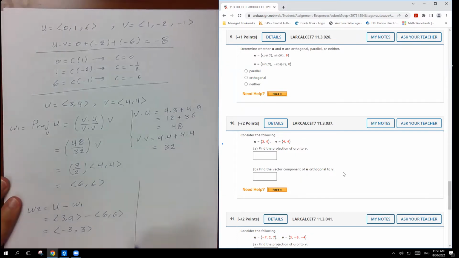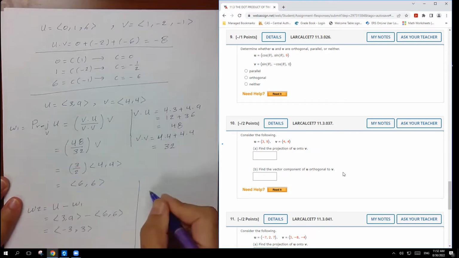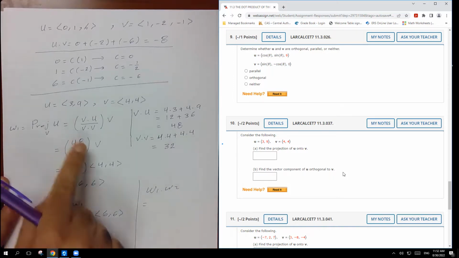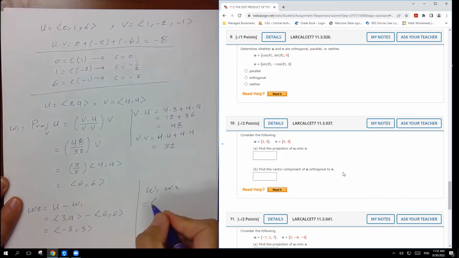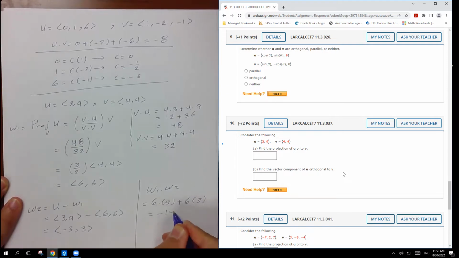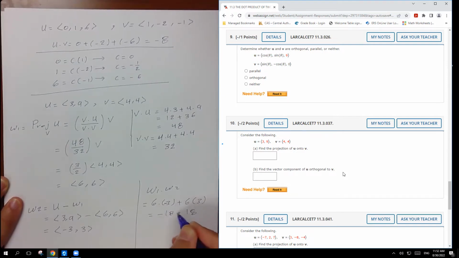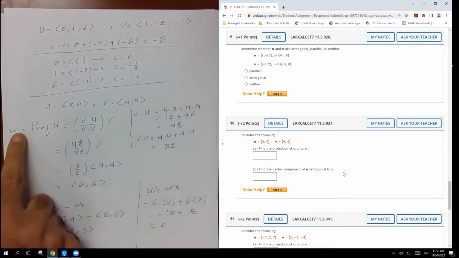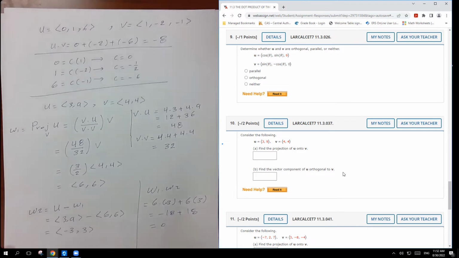To prove that, if you take the dot product of W1 and W2, the result is supposed to be 0 because they are orthogonal. W1 times W2 is 6 times -3 plus 6 times 3, which is -18 plus 18, and the result is 0. That's a proof that W1 is orthogonal to W2 because the dot product between these two equals 0.